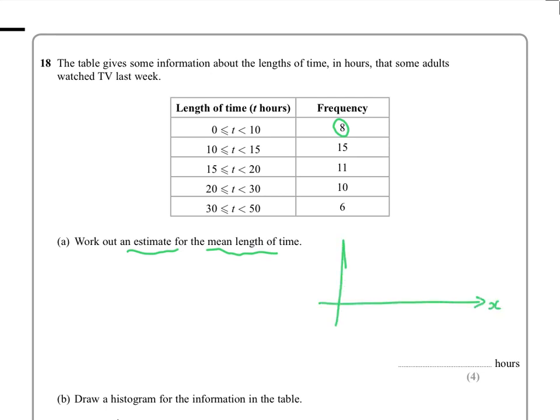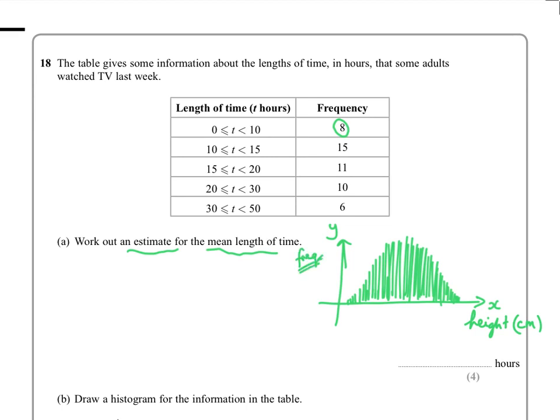If you had X and Y here, and say you were talking about the population of the United Kingdom, and you were talking about heights, then if you were to distribute all of those heights, you would find that the population distribution of height here, so x is in terms of the actual height, and you could have that in centimetres, and y would be the frequency, then you would find something called more of a normal distribution.